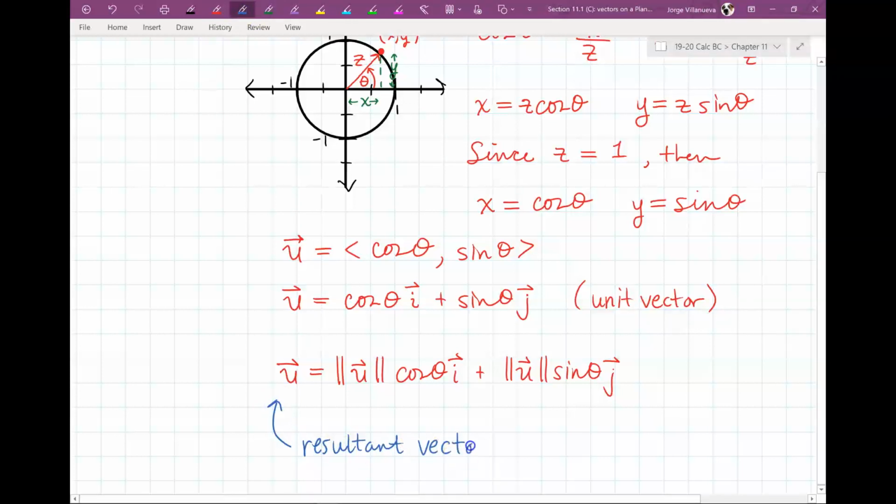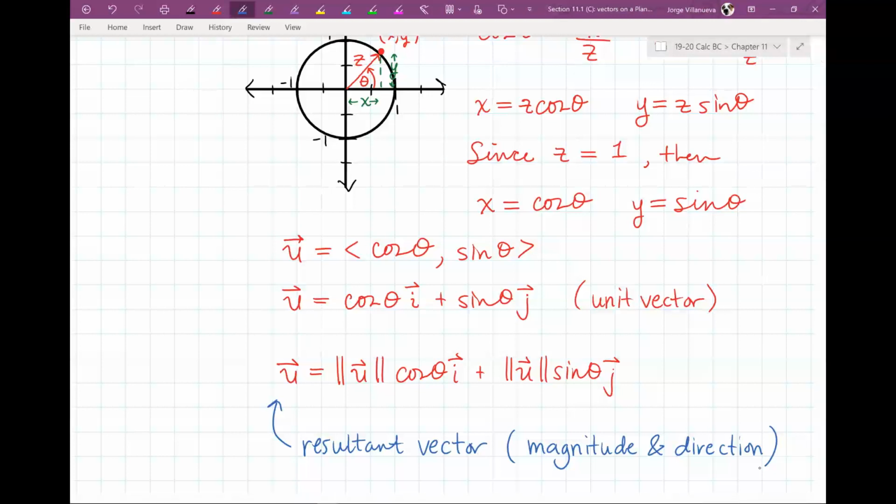In other words, if you wanted to draw the vector with its magnitude and direction, you would do this. You would have to figure this information out. So resultant vector has magnitude and direction. The direction is in the theta, right? Once you know the theta, you can find the cosine and sine values and plug that stuff in.